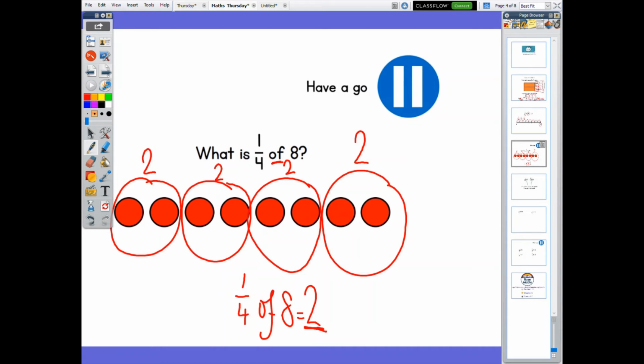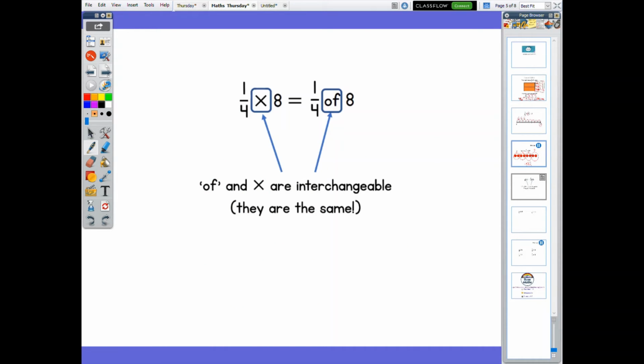Let's have a look at that a bit more. I've got 1/4 multiplied by 8 is the same, because I've got an equal sign, as 1/4 of 8. So of and multiply are terms in maths that are interchangeable. Either one can be used and you would still get the same answer.